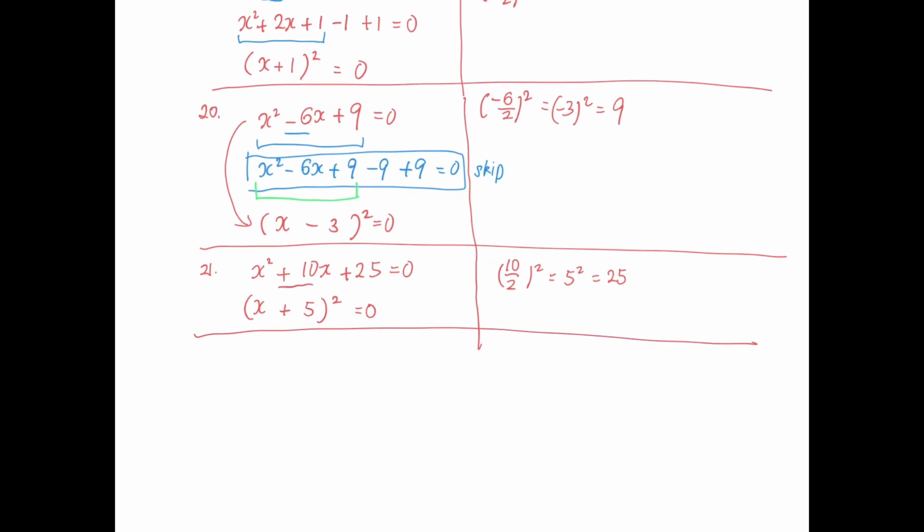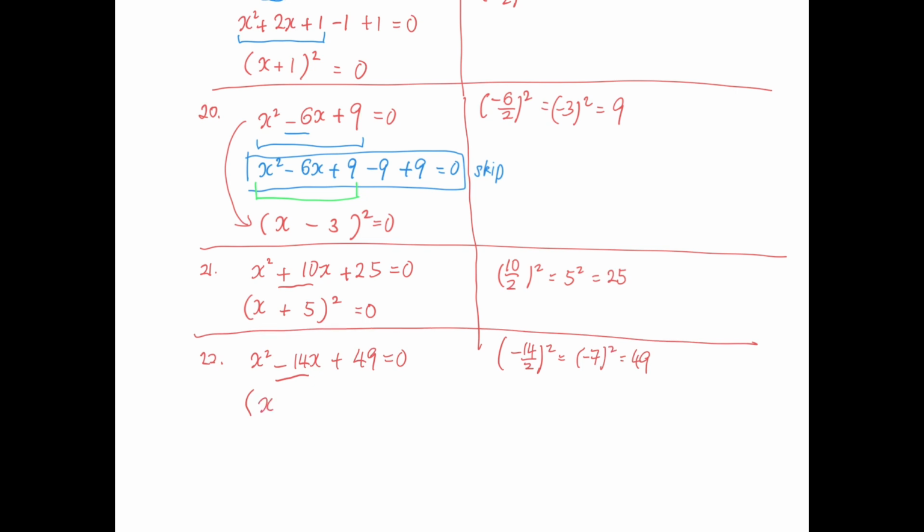And after that, 22: x squared minus 14x plus 49 equal to 0. Again, we take the minus 14. Minus 14 divided by 2, then you square it. So it's minus 7 and squared, you get 49. And we already have 49 at the third position. So this is already a perfect square.